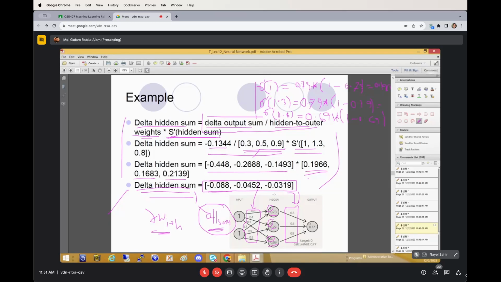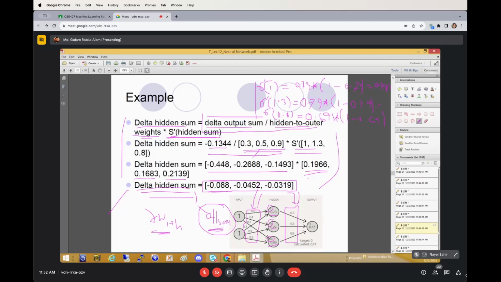Our target is to find the update, that is the delta of input to hidden layer weights. That is, how can we change those values? Whether we need to increase the 0.8 to something, or decrease 0.8 to something. Similarly for 0.4, whether we need to increase it or decrease it, and how much.